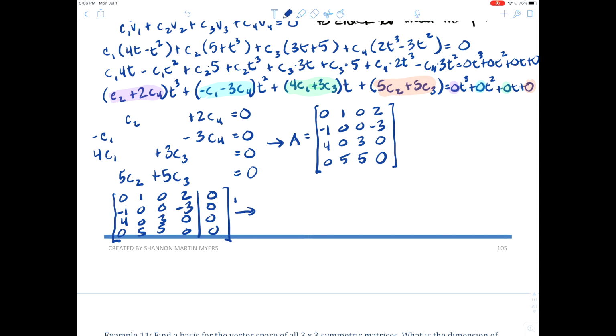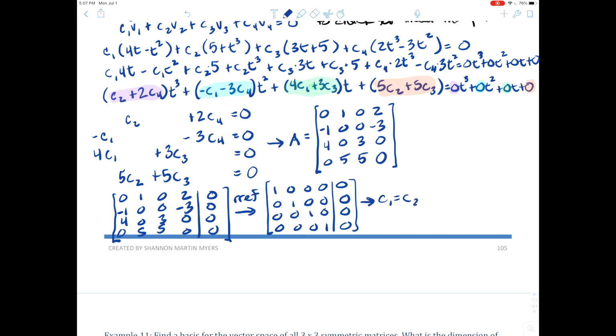So the RREF of this ended up giving us 1, 0, 0, 0, 0, 0, 1, 0, 0, 0. So I'm adding that column of zeros in, but notice that you don't have to enter it. Isn't that cool if you have a homogeneous system? So what does that mean? That means we got C1 equals C2 equals C3 equals C4 equals 0.